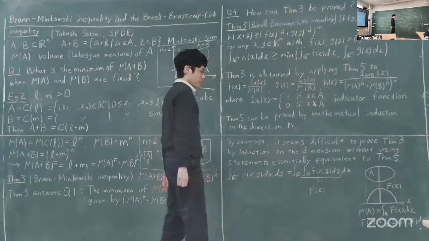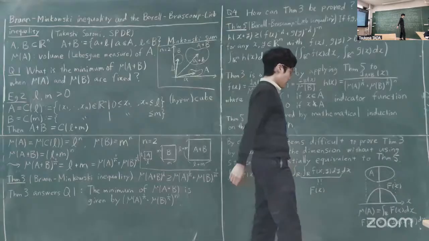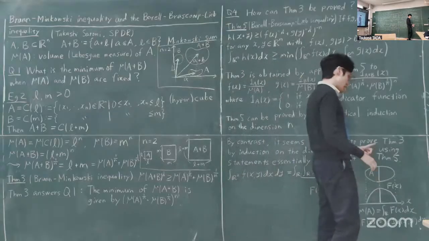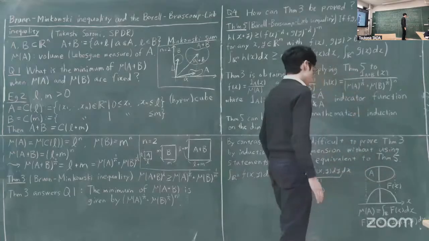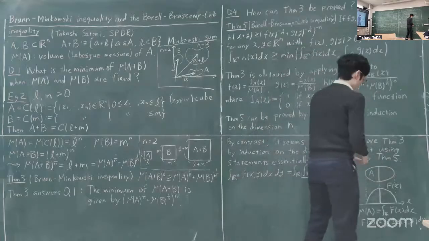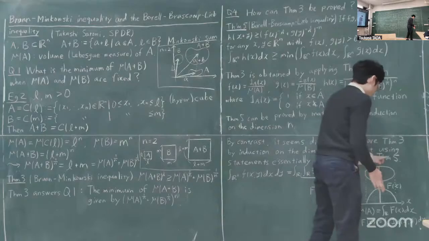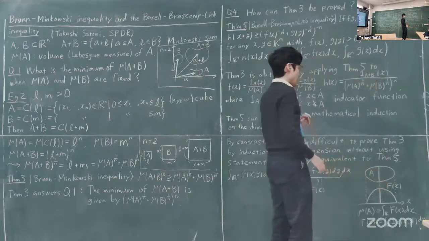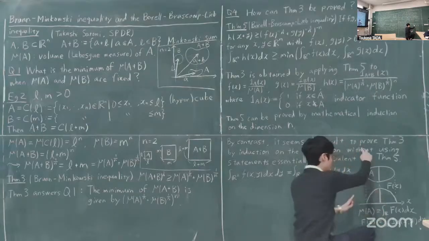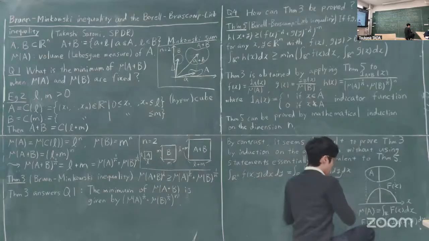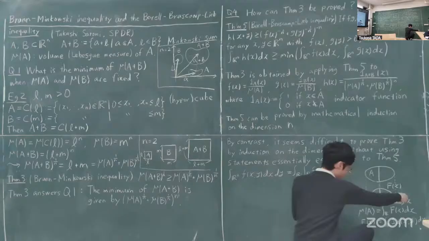For example, in the two-dimensional case, to calculate the area of A, we integrate the indicator function in the y direction, and we integrate the resulting function in the x direction.